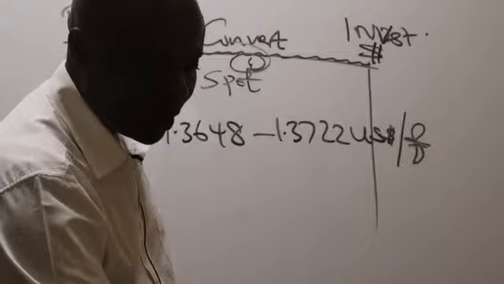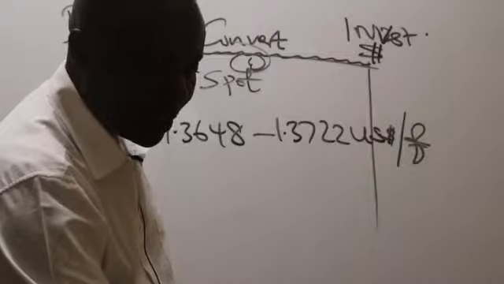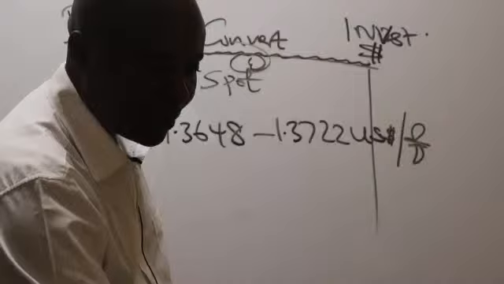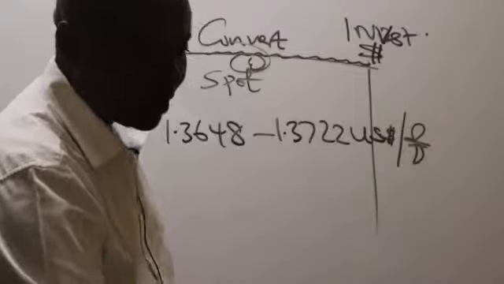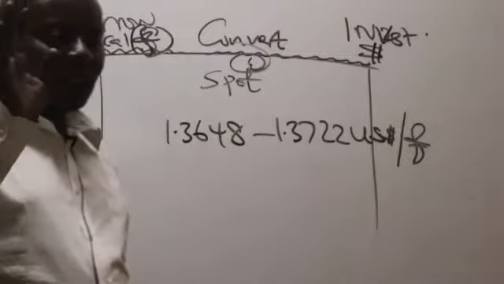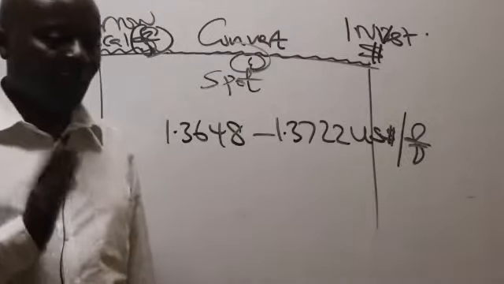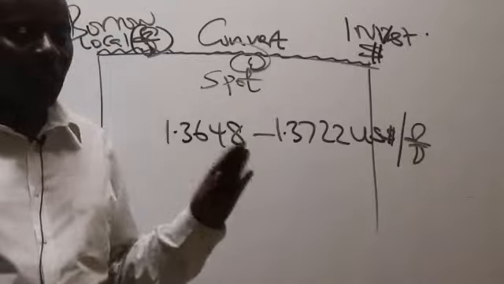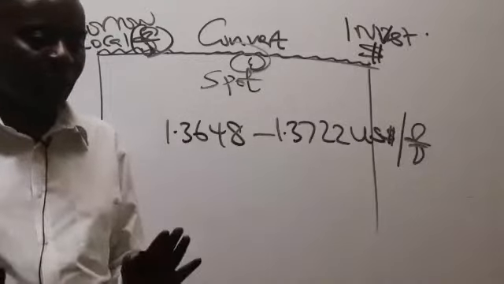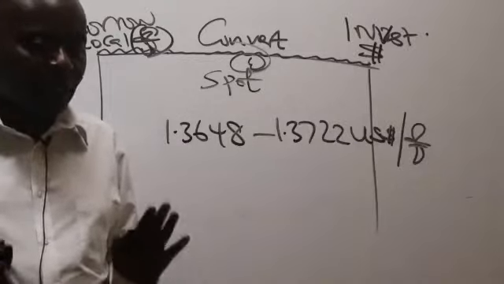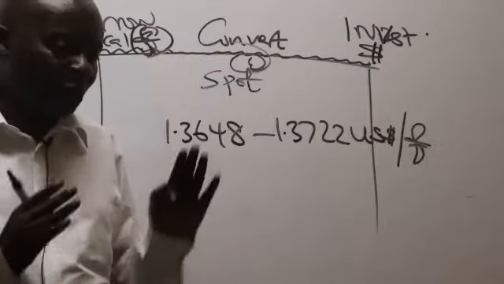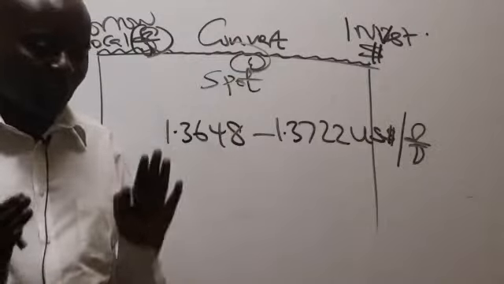Kuna kitu hapa nataka tuelewane. Okay, so I've been able to mute now everybody. I hope that is clear. Let's now really focus on this. Are we comfortable now? Yes. So everybody now is concentrating on this.